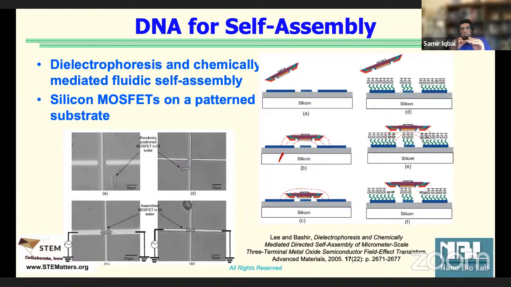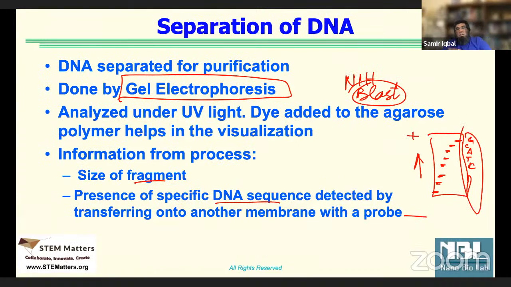This results in a movement of that particle or body that has dielectric properties. It may not be charged, but it would follow the non-uniform electric field, follow the force of that non-uniform field, and find its place.